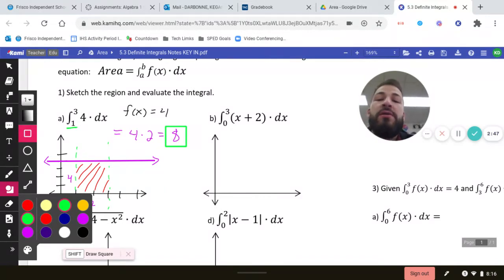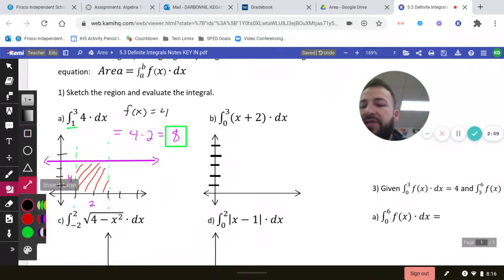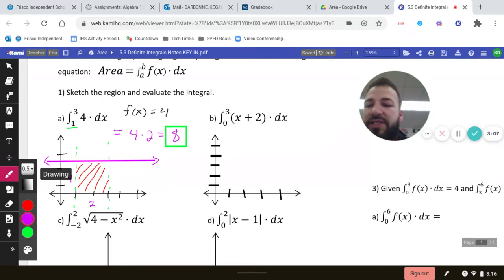Okay. So B, we have the integral from 0 to 3 of x plus 2. So once again, just going to kind of add in. Well, I think I drew a bunch of squares there, but that's okay. I'm sure we can all forgive my terrible drawing skills.